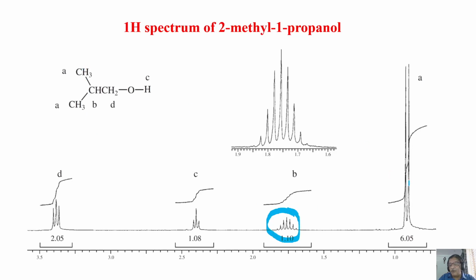And the very fact we have only two peaks present here, a doublet of equal intensity, means these two CH3s are chemically equivalent and should give a single peak. But because of coupling with CH, it is a doublet. This analysis becomes simple, very clear now. We have assigned all the peaks. We have looked at the multiplicity pattern and it matches with our molecular formula and structure given.